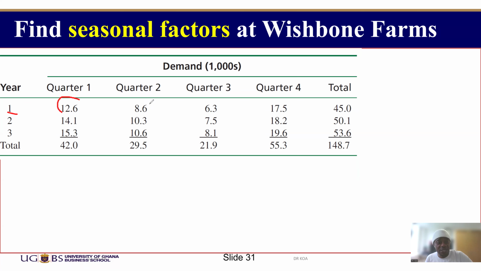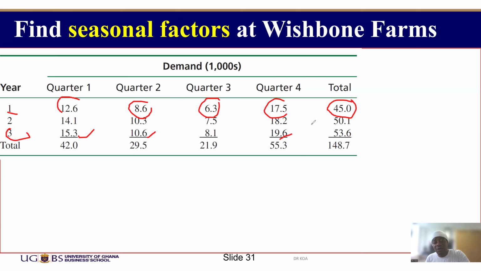The second quarter for that same year was 8,600. The third quarter was 6,300. The fourth quarter was that. The total amount was 45,000. For year three, the same thing. The first quarter was 15,300. The second quarter was 10,600. The last quarter was 19,000. And you can see that the last quarter is generating lots of demand.